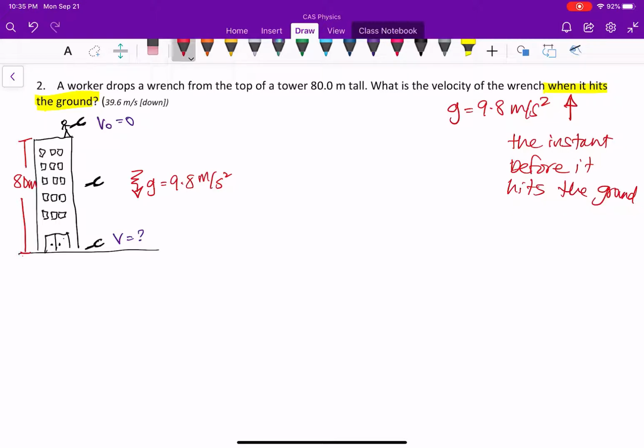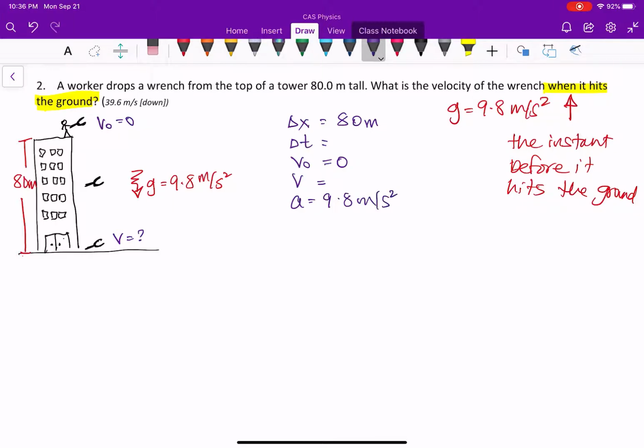Listing all of our variables the way we did before, delta x, delta t, v naught, v and a. Listing all the things we know: 80 meters for the distance it falls. We know that the initial speed is 0. We know its acceleration due to gravity is 9.8 meters per second squared.